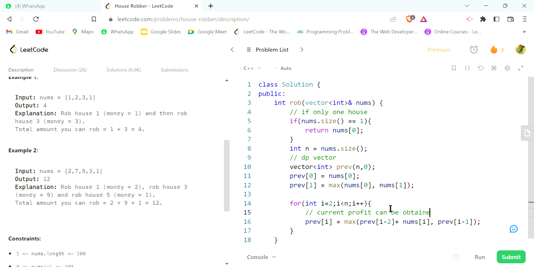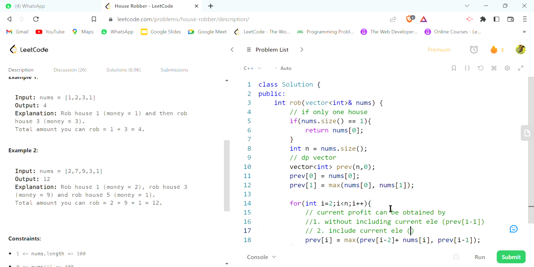First, without including the current element, it should be previous of i minus 1, and if we include the current element, then the profit should be previous of i minus 2 plus nums of i.